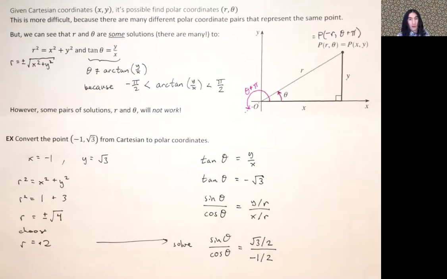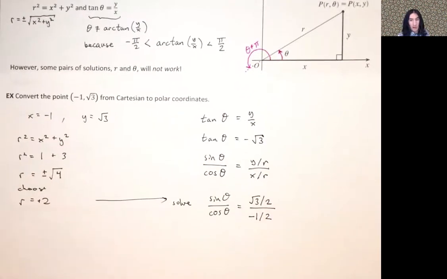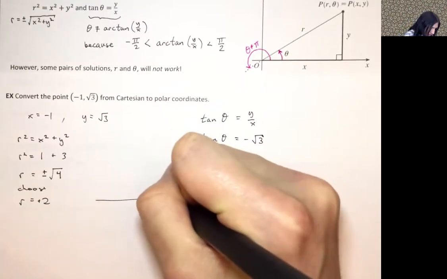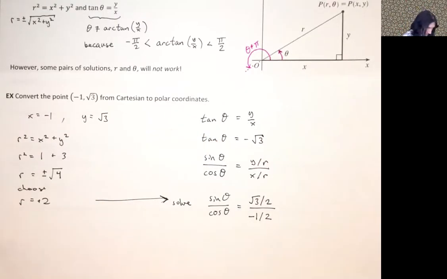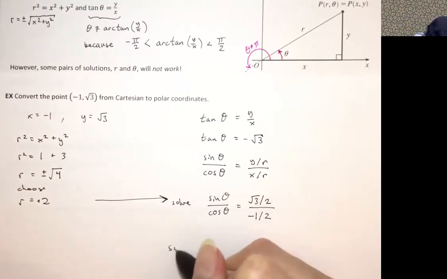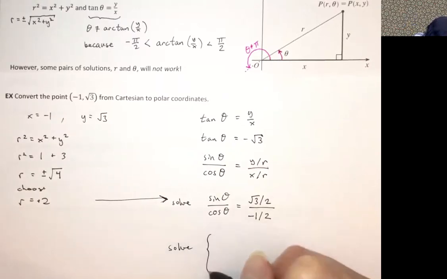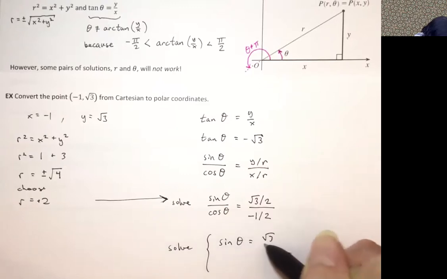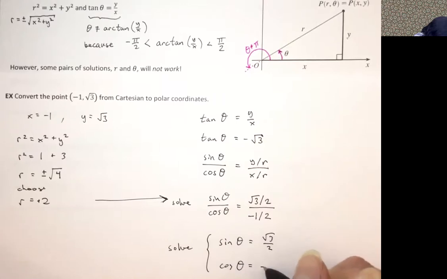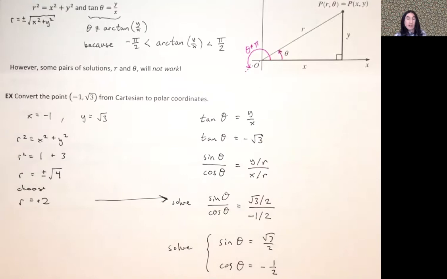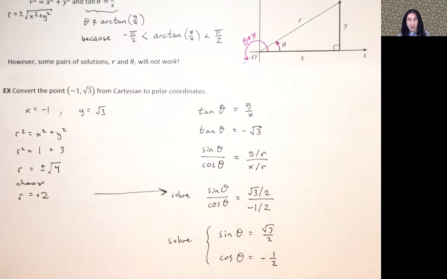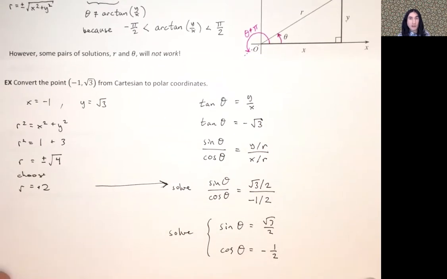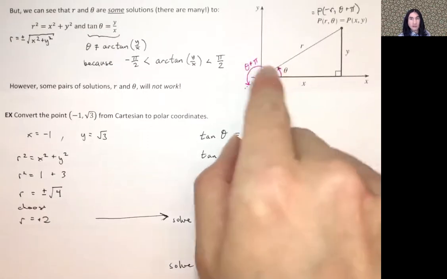Okay, so that means what we actually want is to solve two equations simultaneously. We want sine of theta to equal √3 over 2, while cosine of theta should be equal to -1 over 2.